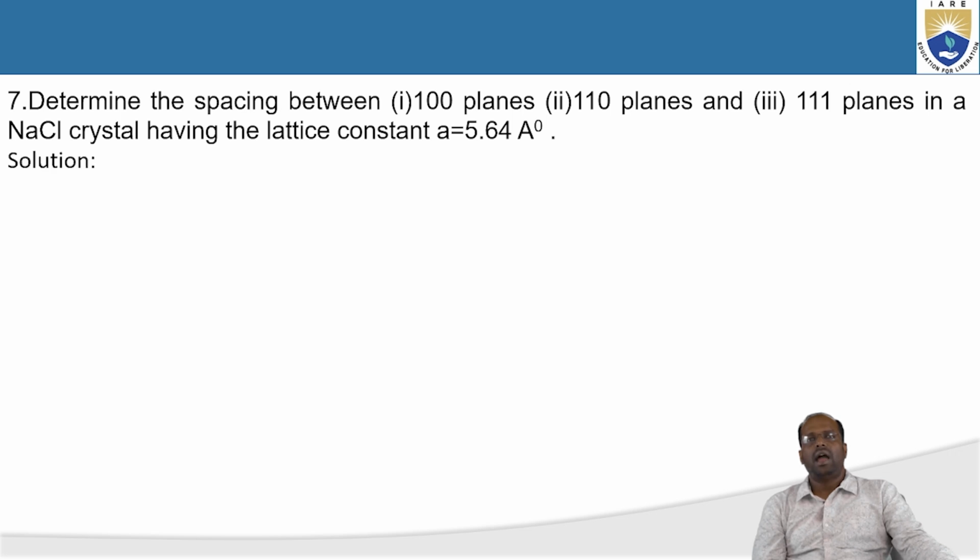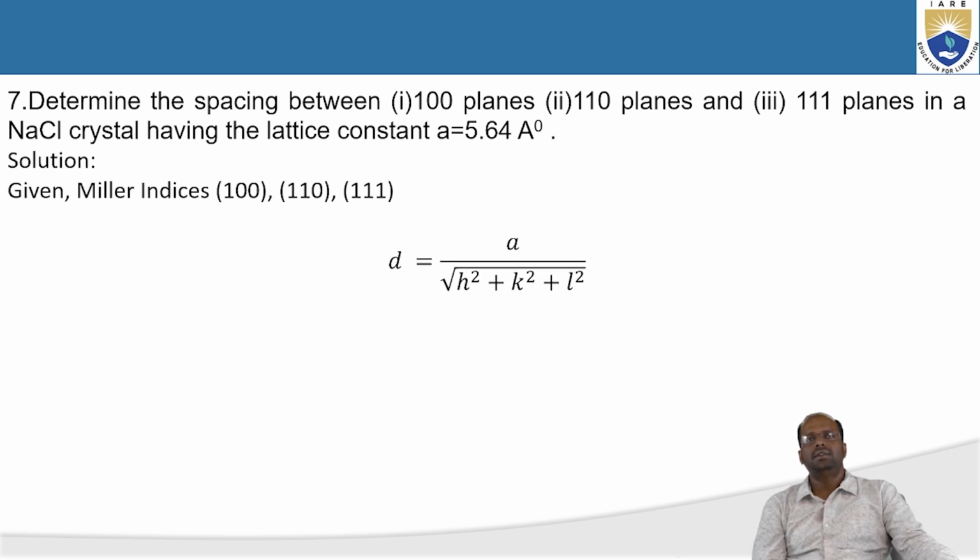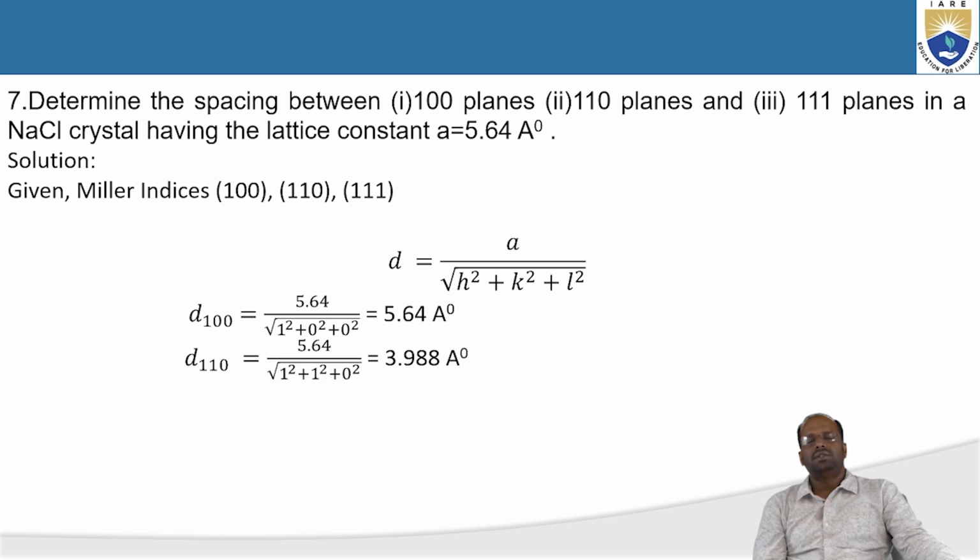We have the formula d is equal to a by square root of h square plus k square plus l square. For the d100 plane, a is equal to 5.64, square root of 1 square is the same value. For the d110 plane, d110 is 5.64 by square root of 1 square plus 1 square, which is root 2.